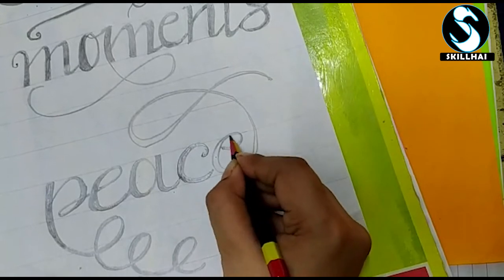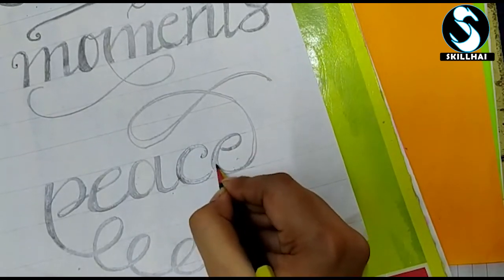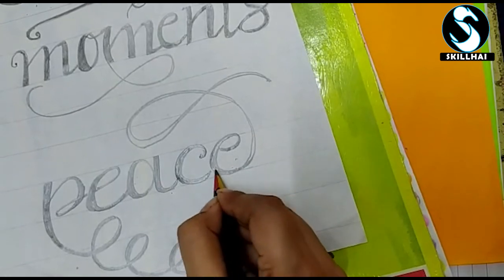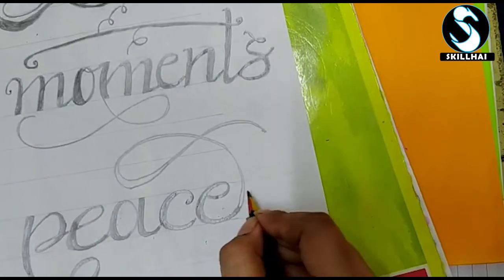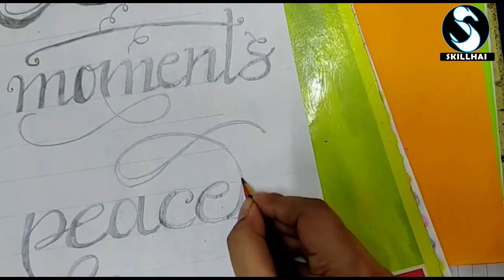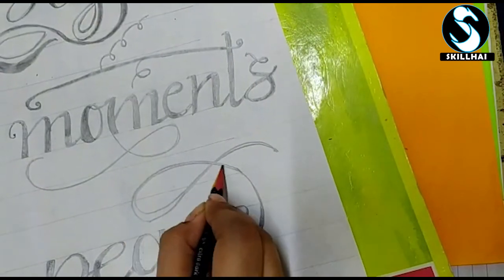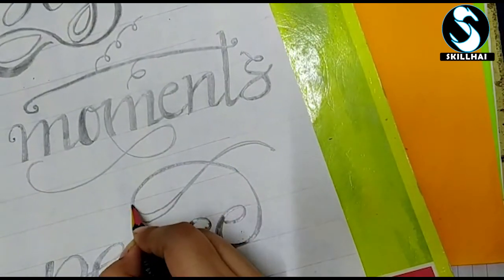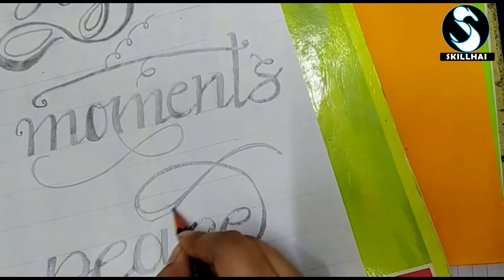Now the last letter is letter E. I'm just giving an effect to it, just darkening the strokes. Upward light, downward dark, so all the downwards are darkened.